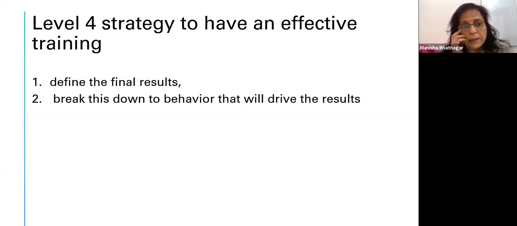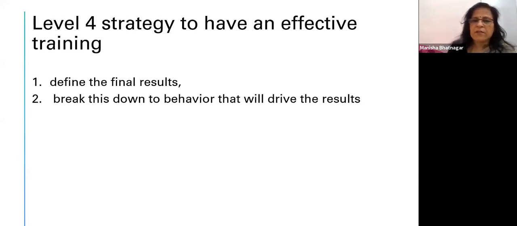And when you're doing the level 4 evaluation, you must be able to match it and see what change has happened, whether the training has given us these results. And you break this down to behavior that will drive the results.